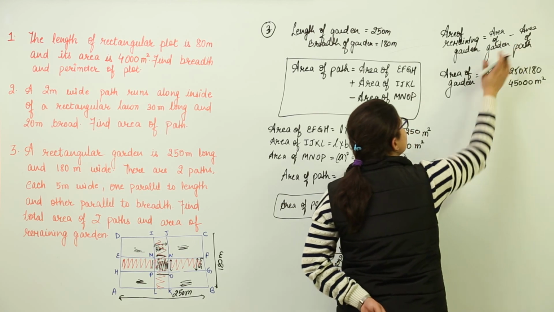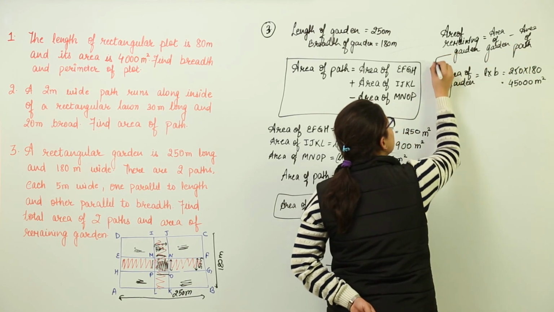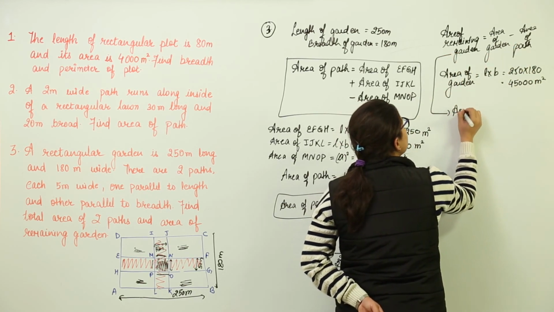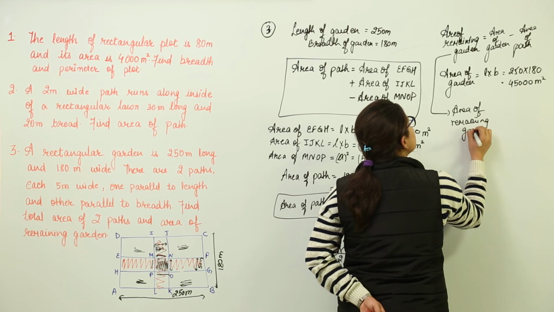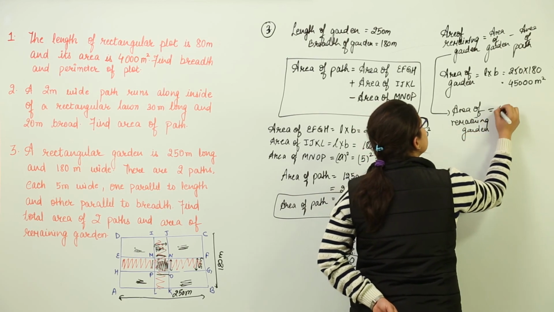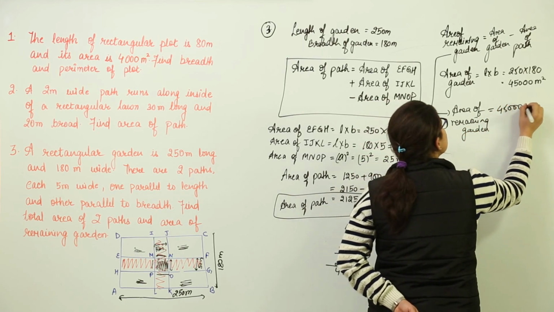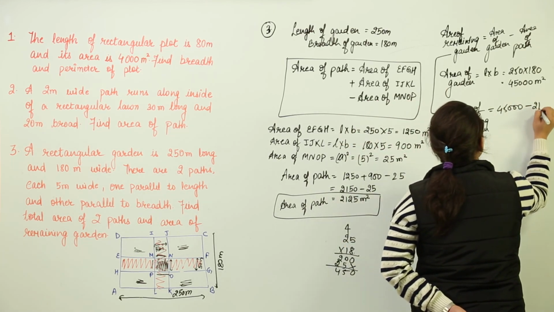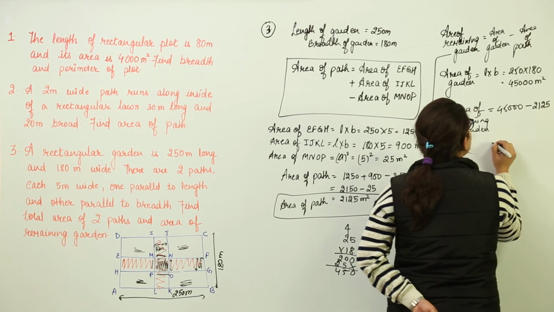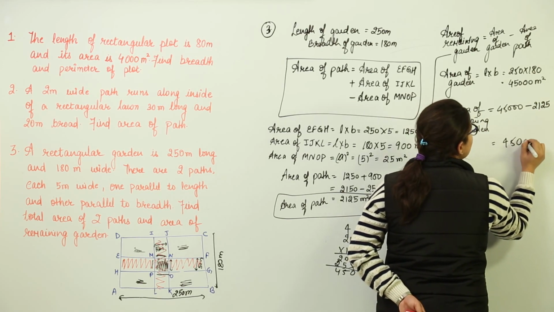Now we are going to subtract the two areas. So we get from here the area of remaining garden. The remaining garden would have the area as the subtraction of the two areas, that is 45,000 minus 2125. On subtraction, what do we get?